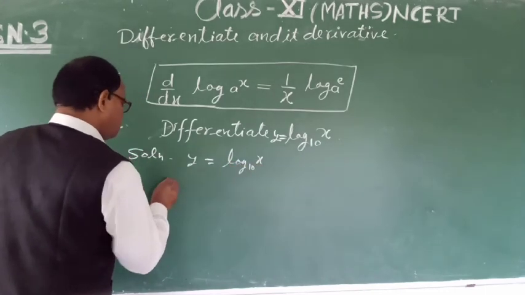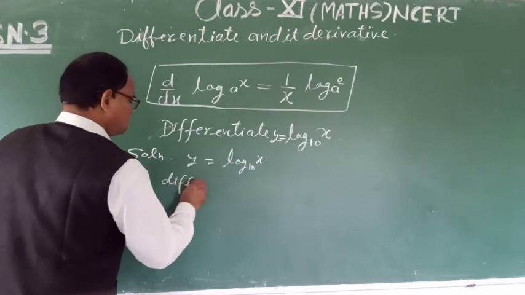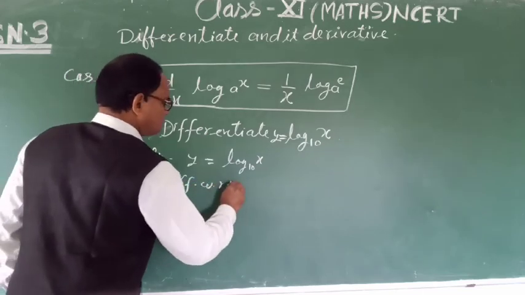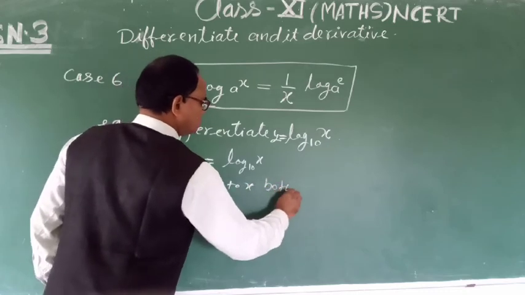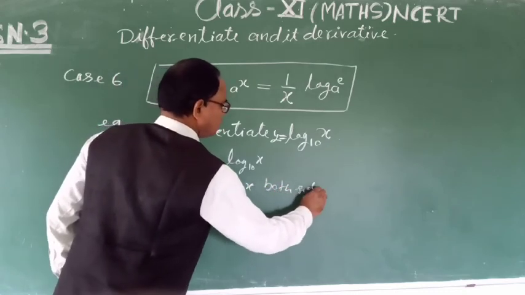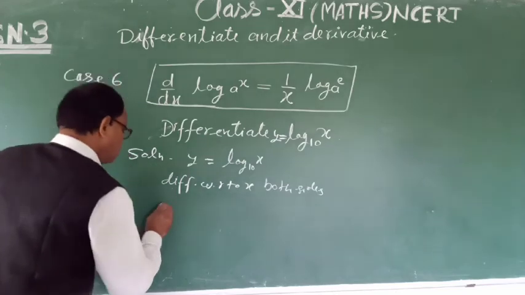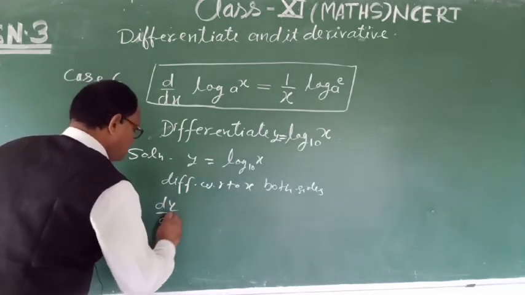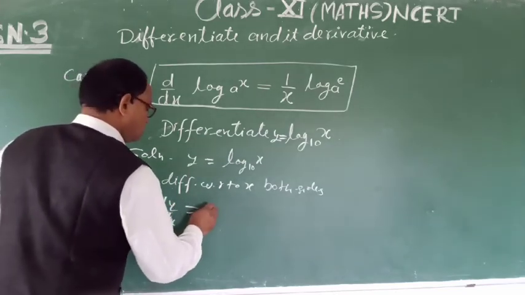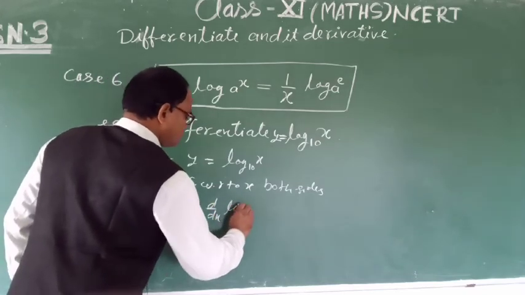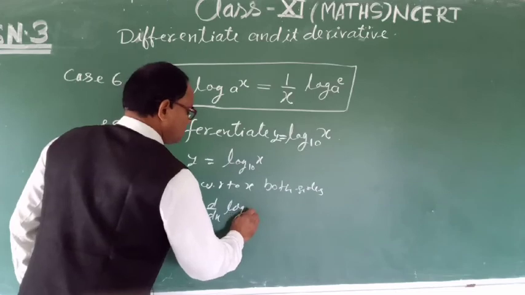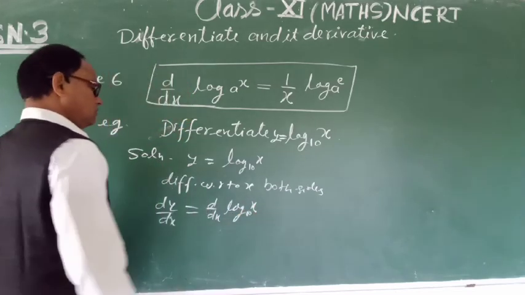Differentiating with respect to x on both sides, we get dy by dx equal to d upon dx log 10 to the power x.